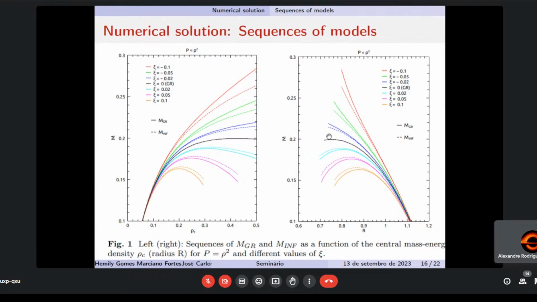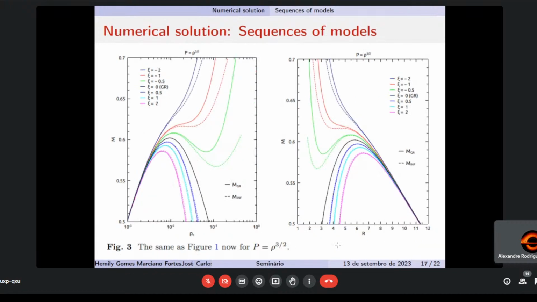Here we have the same idea, but with mass and R. And we can see general relativity here in this black curve. So using different values for Xi, we have different behavior. Here we have another polytropic with a different index.